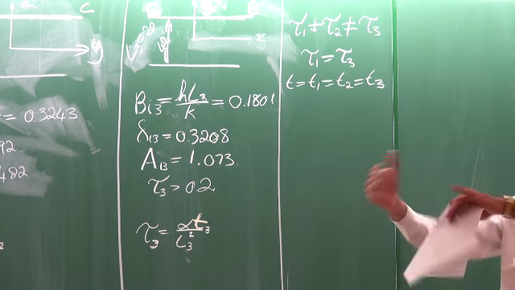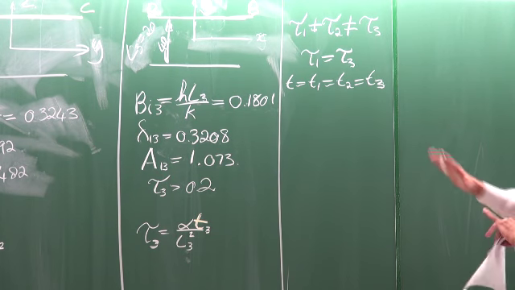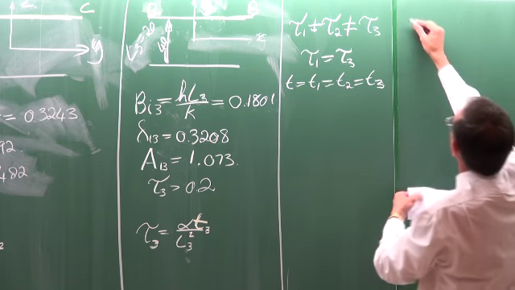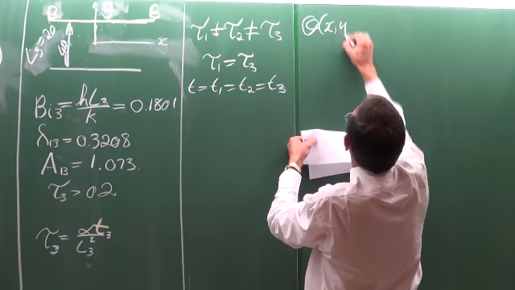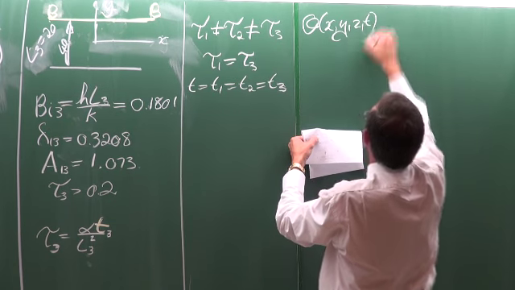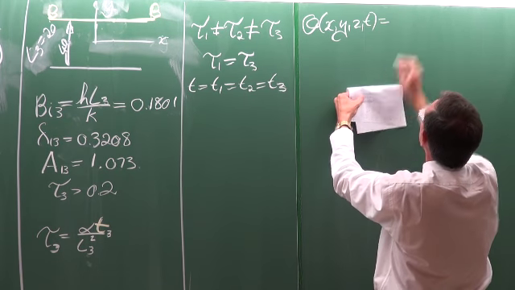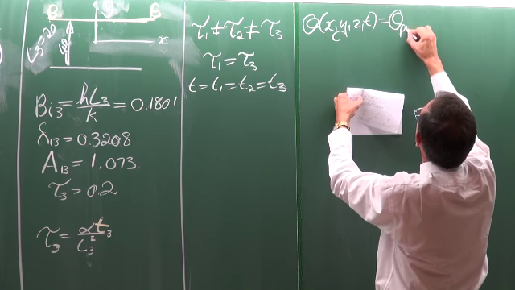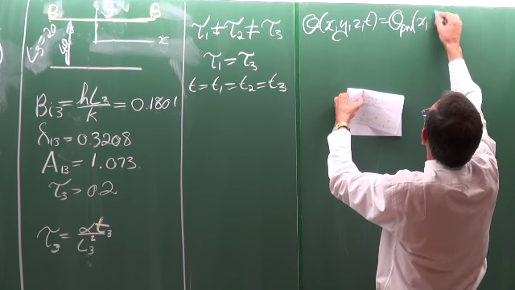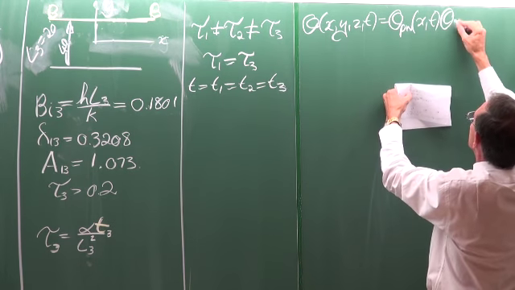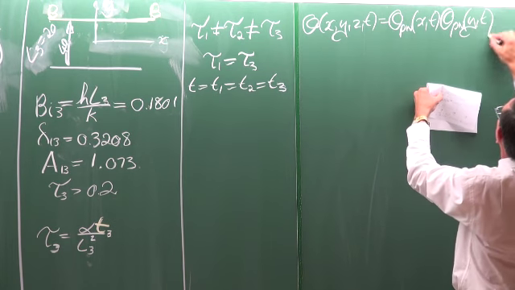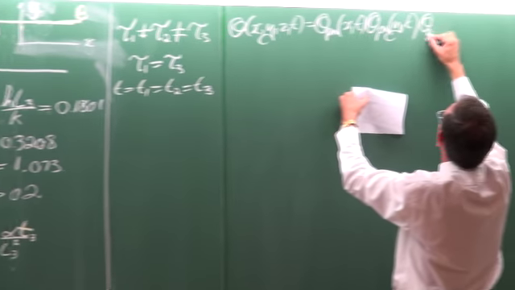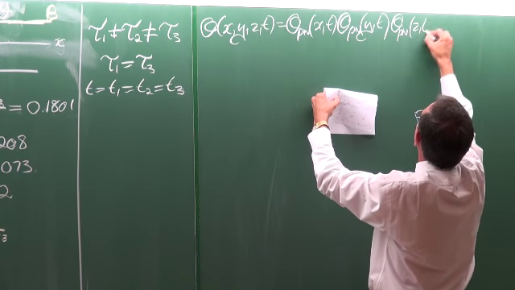How's the solution going to look now if we want to solve it? The solution of a body like that is in general equal to the solution of a plane wall in the x direction, the solution of a plane wall in the y direction, and the solution of a plane wall in the z direction.